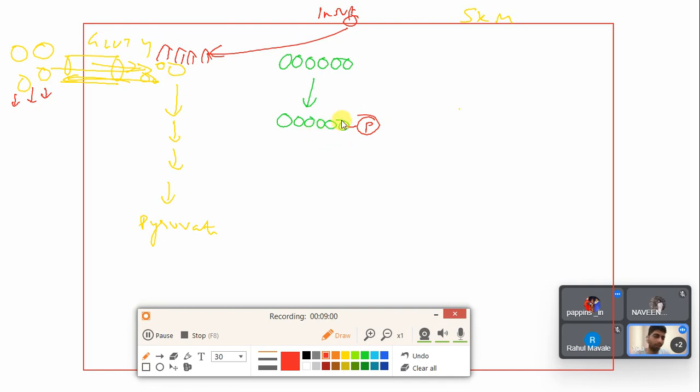Once it gets phosphorylated, why can't it go out? Anyone? Phosphorus is not that heavy.